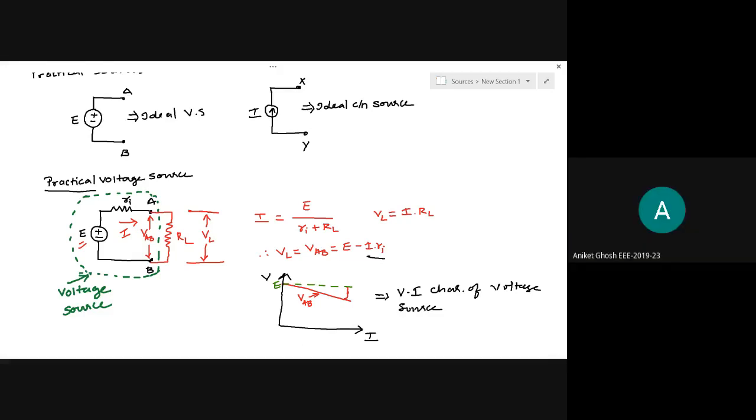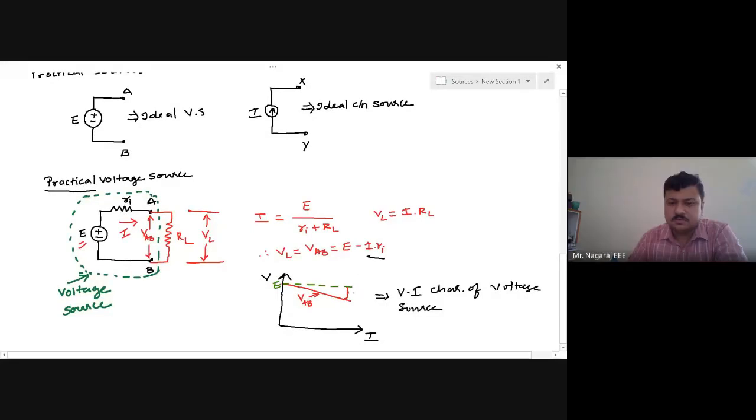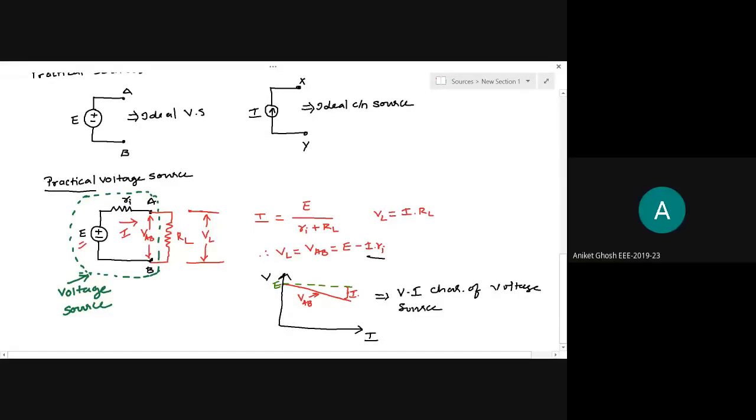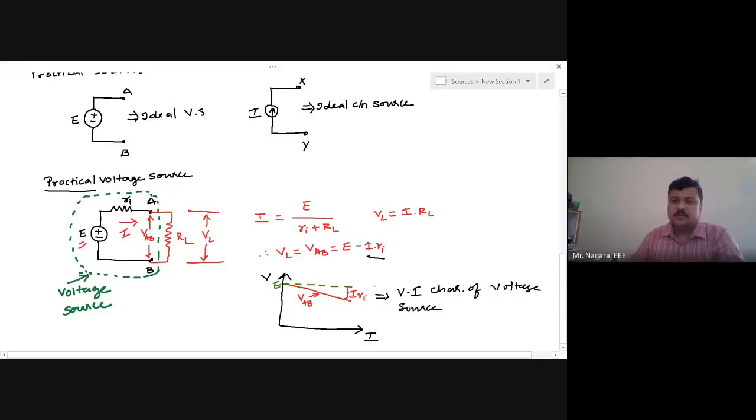It is I into Ri. So observe here, as the current value goes on increasing, I into Ri also goes on increasing. Therefore, VAB equal to E minus I into Ri goes on decreasing.